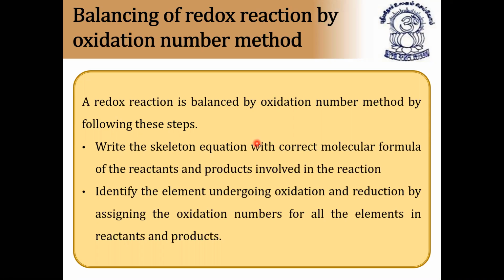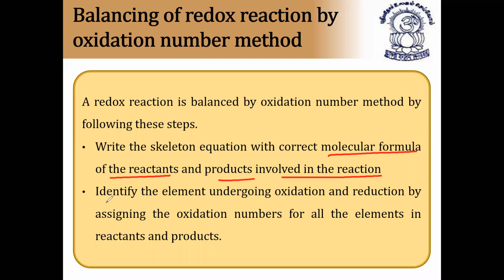Write the skeletal equation with the correct molecular formula. We have to write the skeletal equation, not the number of molecules, with the correct molecular formula of the reactants as well as products involved in the reaction. Identify the element undergoing oxidation and reduction by assigning the oxidation numbers for all the elements in the reactants and products.